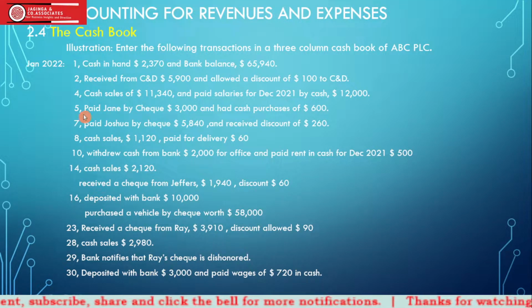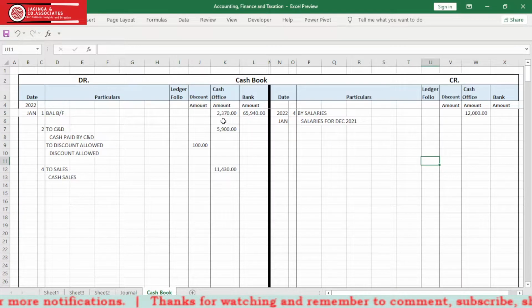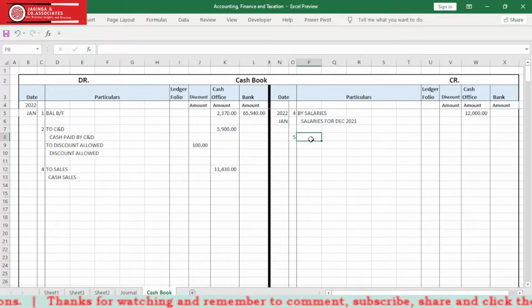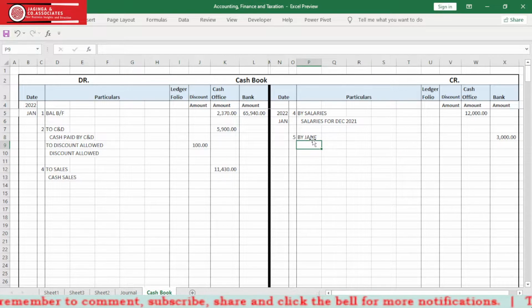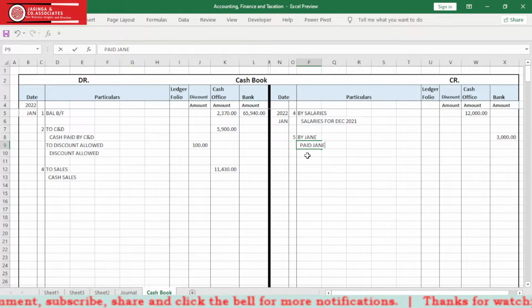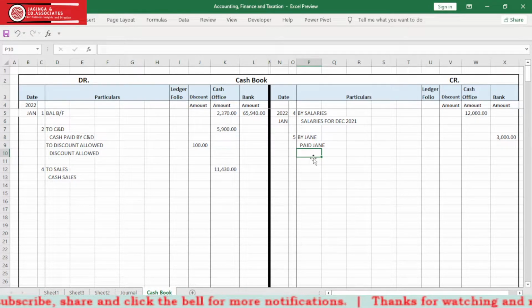Then the next transaction is on the fifth: paid Jen by check $3,000 and had cash purchases of 600. So this was fifth. Paid Jen by check, so here by Jen, check, we are paying 3,000. On the same date we had cash purchases.